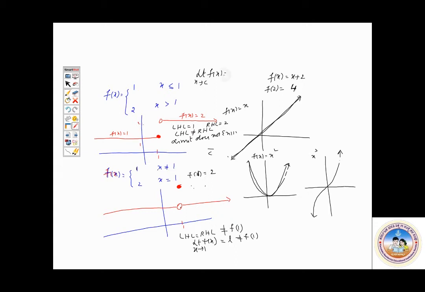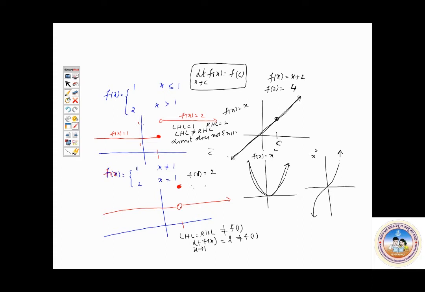If only one function is given, no need to take both the limits. One limit is enough. When the limit value and functional value are both the same, we say that the function is continuous at the point. Is it clear?